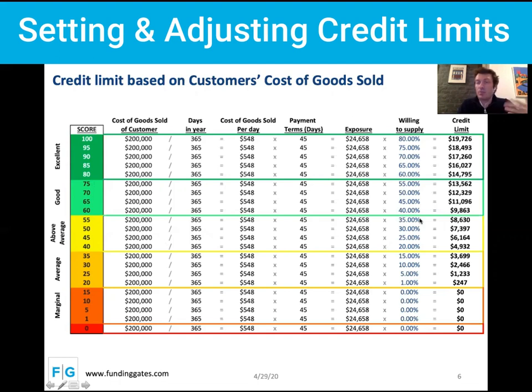As you build a relationship with the customer and they're paying on time, you can always adjust that credit limit. Or if the customer is a great customer and falls in this bucket over here, then you can increase the willingness to supply on the total exposure, which might go up from 60% to 80%, or $14,000 to $20,000.